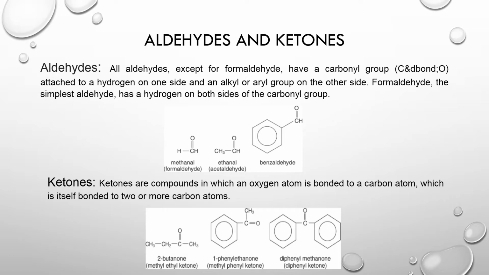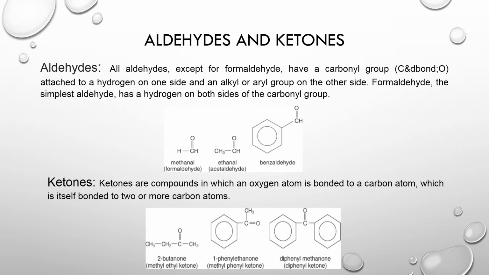So the general chemical structure is R C double bond O H. One more, an aromatic aldehyde, is benzaldehyde. Here, instead of a methyl or ethyl group, I have joined the C double bond O group with the C6H5 phenyl group. So it is said to be benzaldehyde.